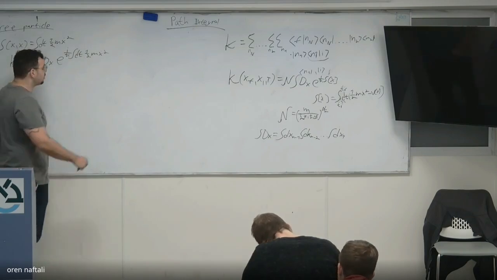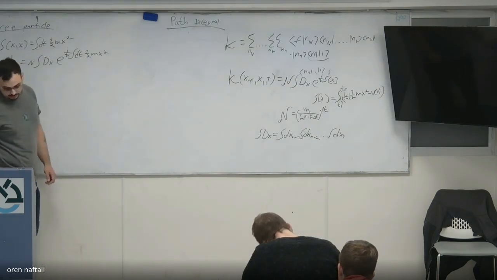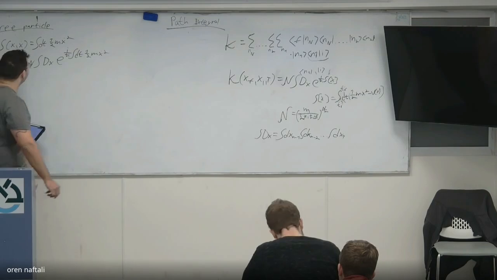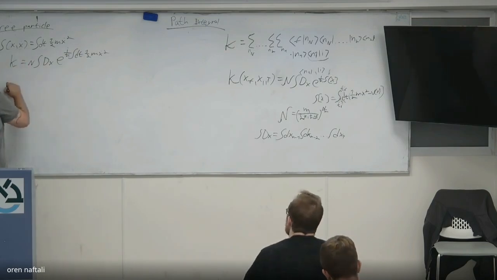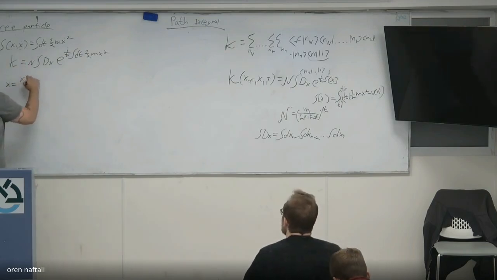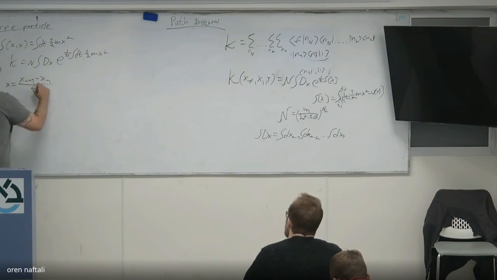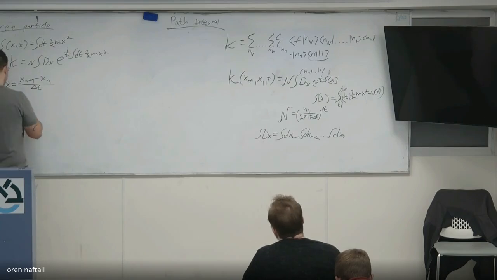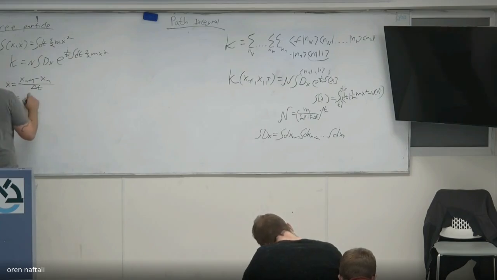What does x dot mean in our discrete form? Well, the dot just means x1 minus x0 divided by delta t, and dt will be over n delta t.